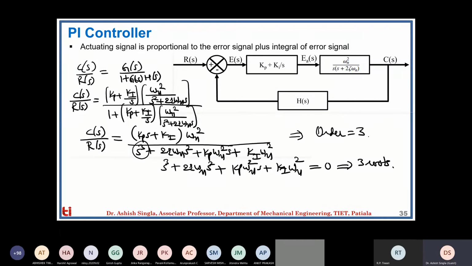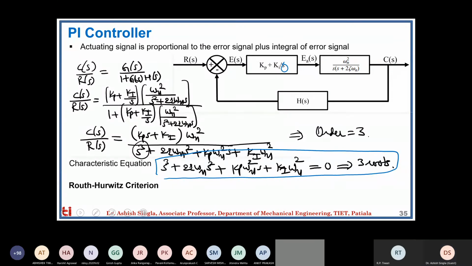And if we try to solve this block diagram and find the overall transfer function, you will see the denominator polynomial in this case will be of third degree because of the 1 by S term over here. So that's why now instead of a second degree polynomial, we are having a third degree polynomial.